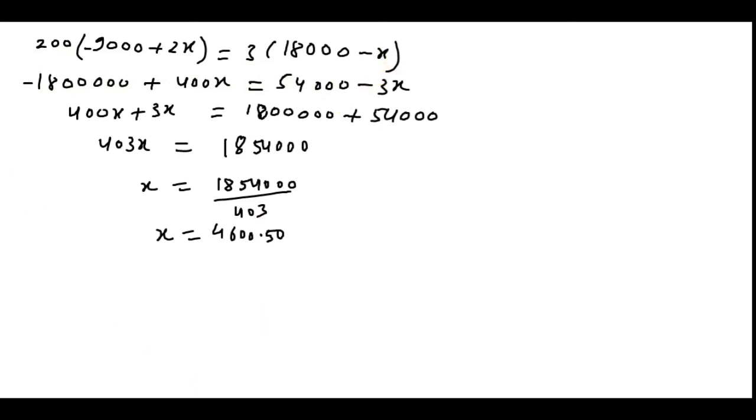Multiply inside. So let us go on to the next page. So here 200 multiplied by 9,000, and plus 2 multiplied by this one 400, and 18 times 3 is 54,000 and minus x.